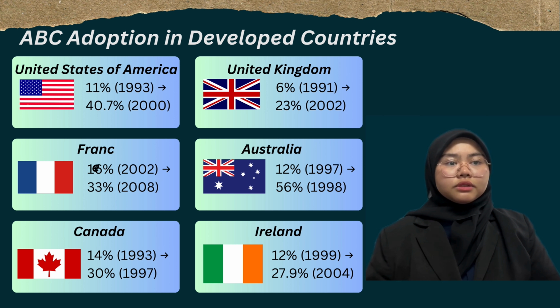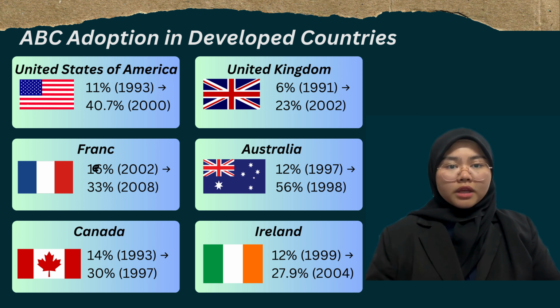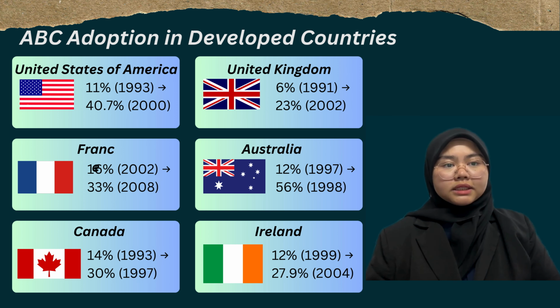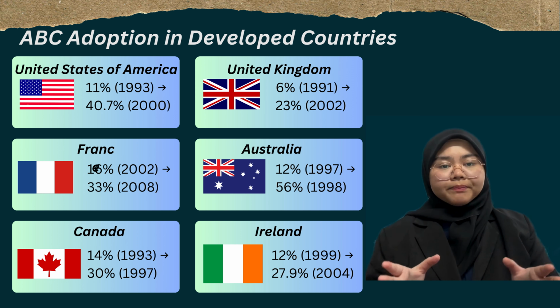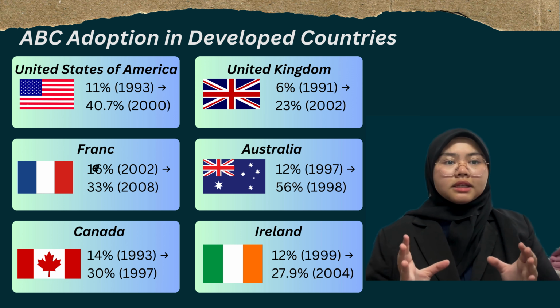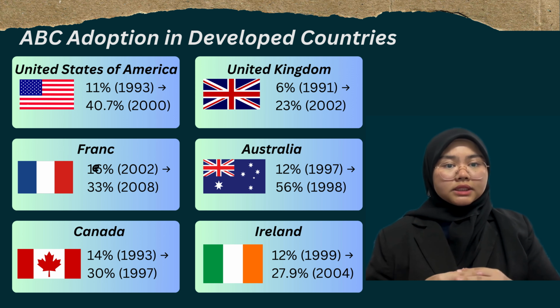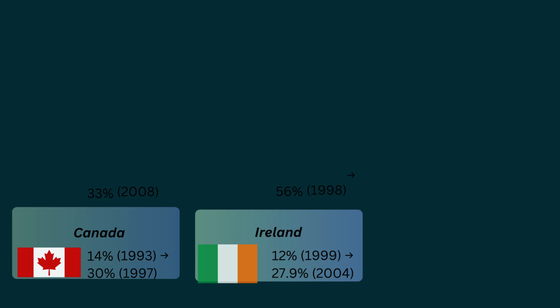The same goes for Canada, which was 14% in 1993 and up to 30% in 1997. Similar to all other countries like the United Kingdom, France, Australia and Ireland, all these developed countries have shown a rising statistic of adoption of the ABC method.